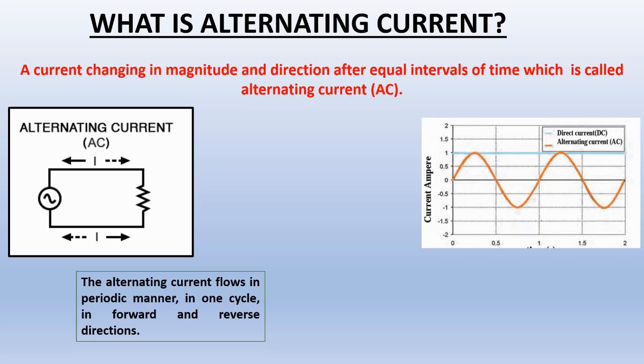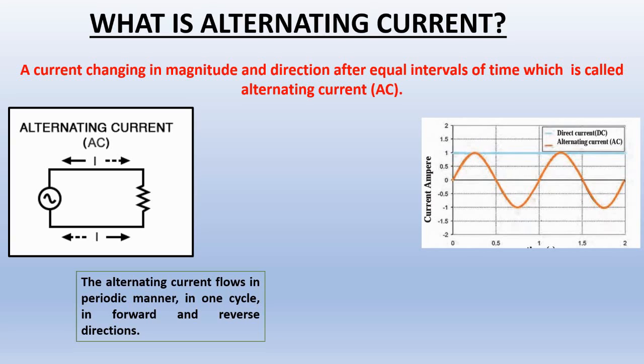This is the graph of the alternating current, and on the y-axis we have current in amperes, and on the x-axis we have time in seconds. Here we can see that the blue color line shows the direct current, and the orange color wave we can say is the alternating current.